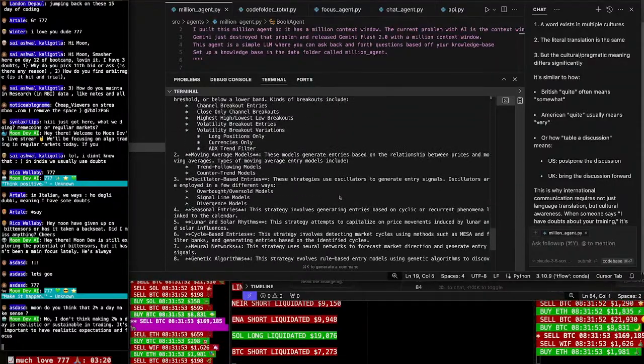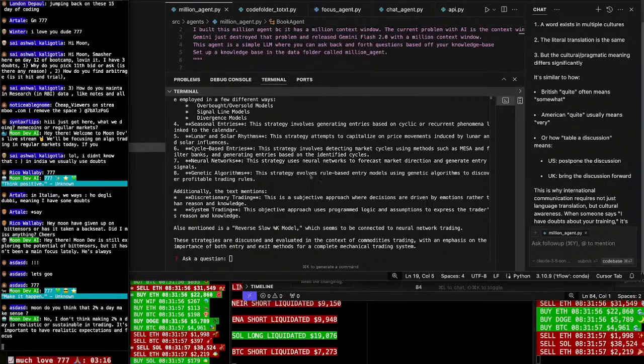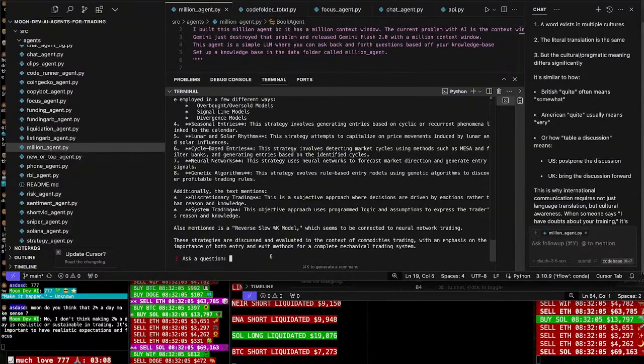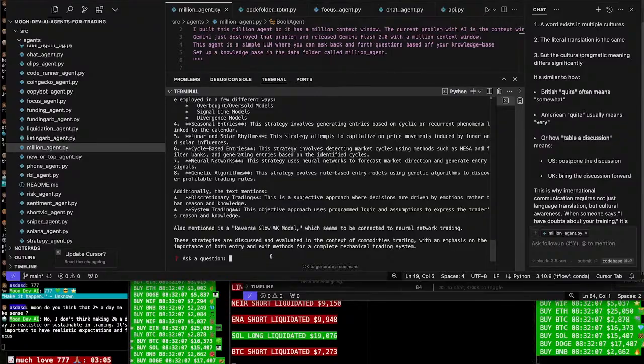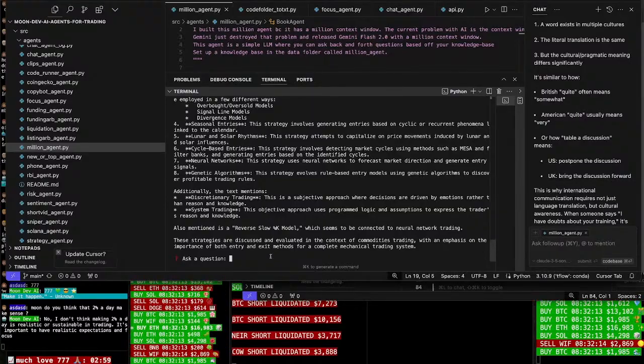Breakout models, moving averages, seasonal, neural networks, genetic algorithms. Also, give me a simple list. Just of all of the different approaches to the market based on your knowledge base.